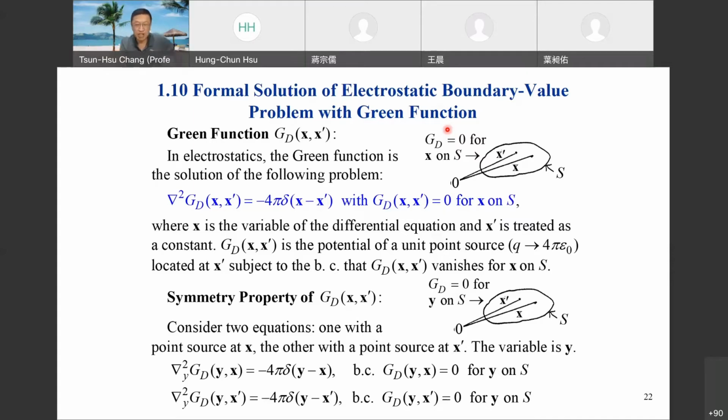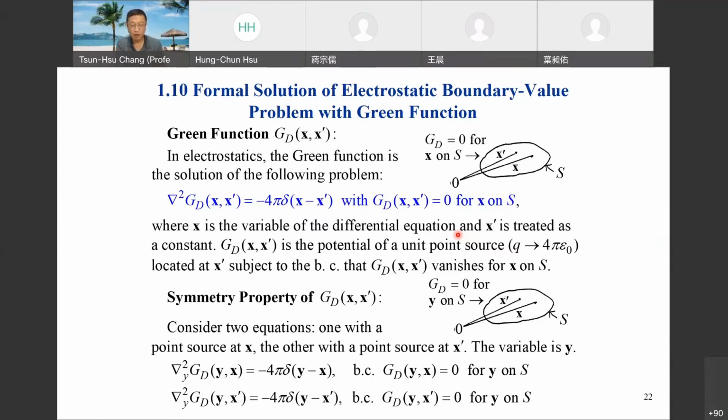So we just need a simple green function only. I will give you a simple green function, but the green function will be expressed in various forms from electrostatics, magnetostatics, electromagnetics. So we will use green function throughout Jackson.